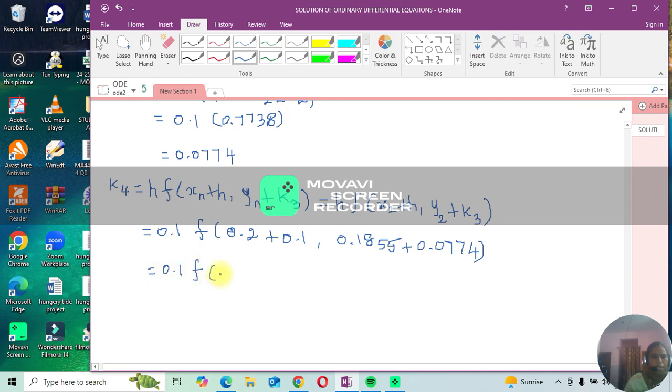Adding 0.2 and 0.1 we get 0.3, and adding 0.1855 plus K3 gives 0.2599.